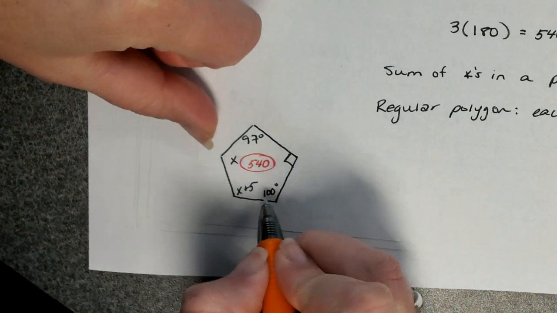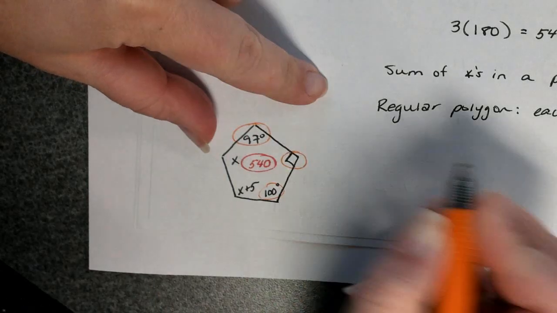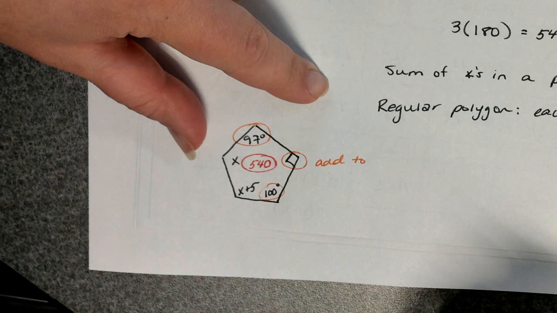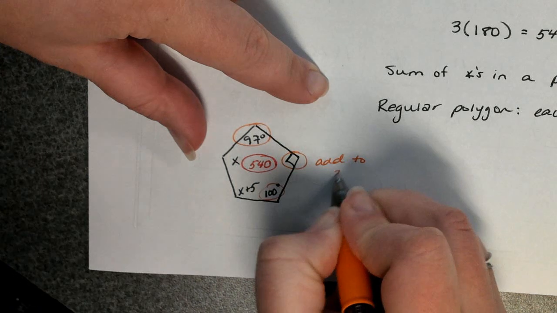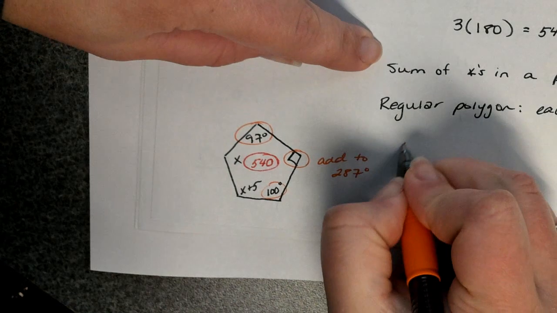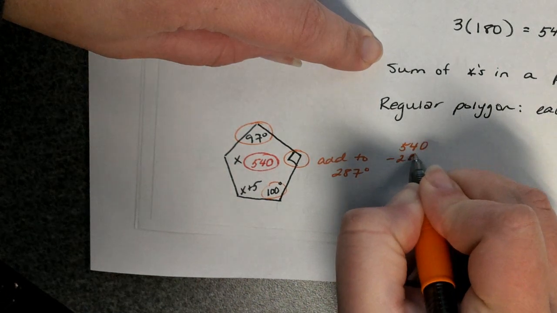You could say that these 3 known angles add to, what did you say, 287? 287 degrees. So you can take the 540 minus the 287.